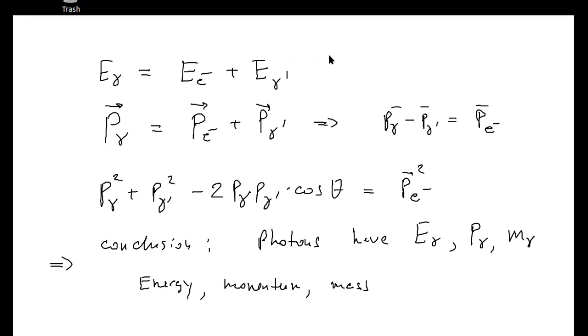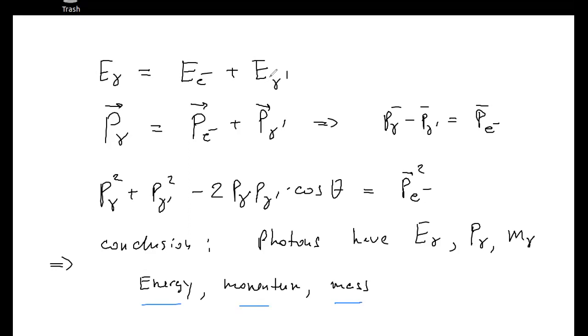These are the three ingredients which you need for a particle. And the Compton scattering actually puts some final accord in all this game.